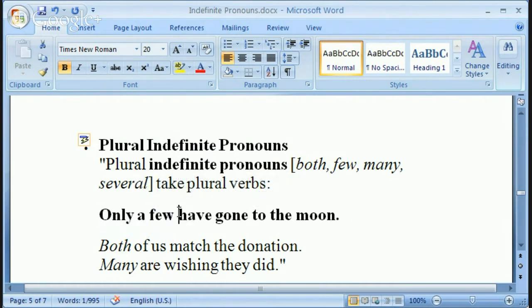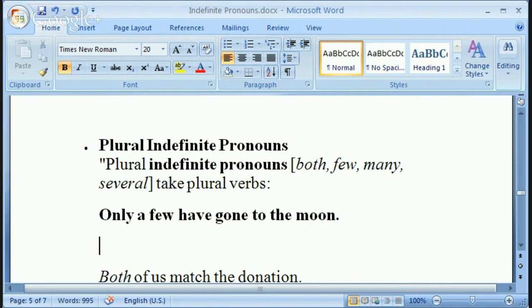That's very good. Nice present perfect verb, and there's no object noun here. This is a prepositional phrase to show place. Only a few have gone to the moon. And very much they have gone, so plural. That's nice. That works, Sergio. Thank you.